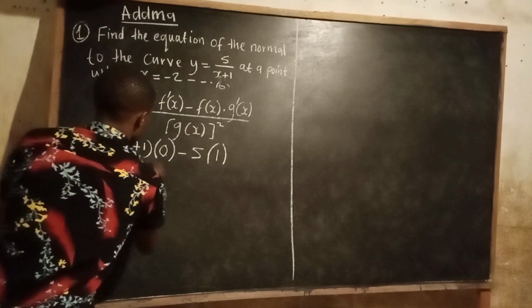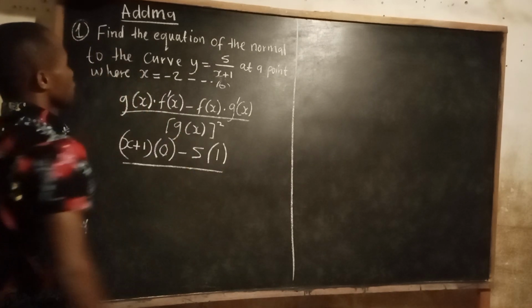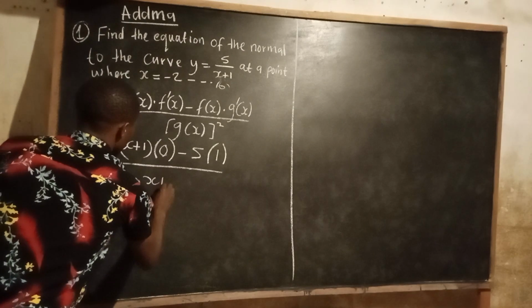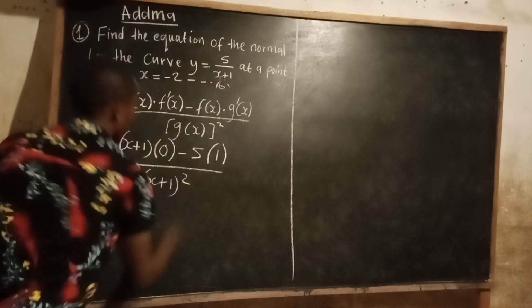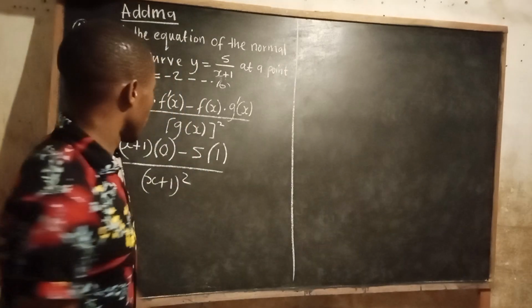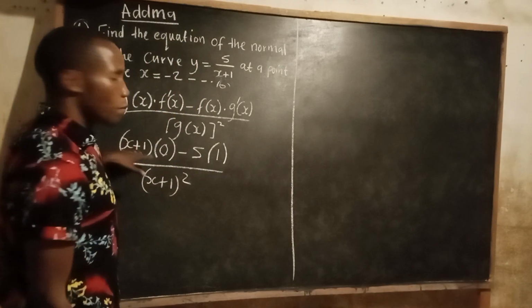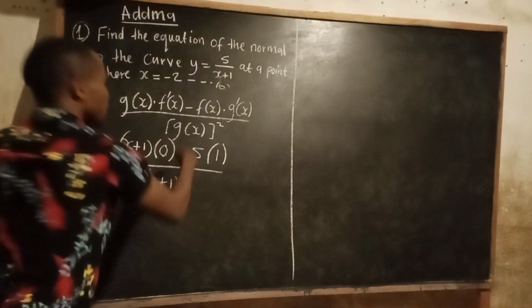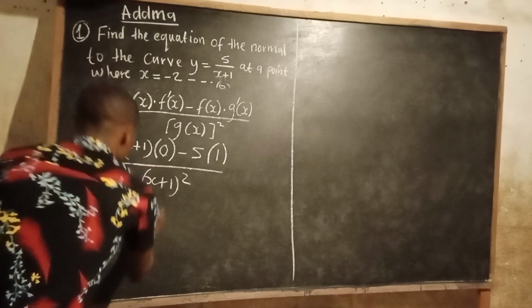Then we come down here. G of x, we just get this, then we square. Okay, so x plus 1, we are going to square that one. Then from there now we can simplify this. X plus 1 times 0, the answer is 0, automatically 0. Then negative 5 times 1 is negative 5.